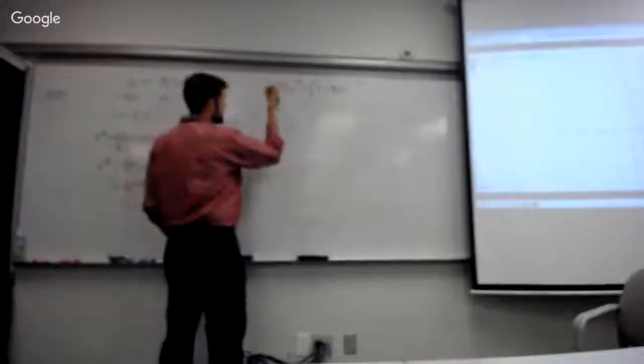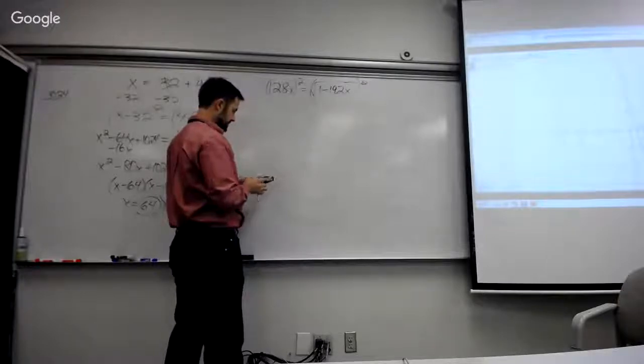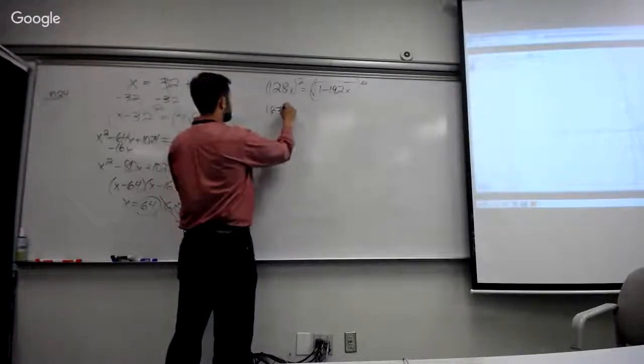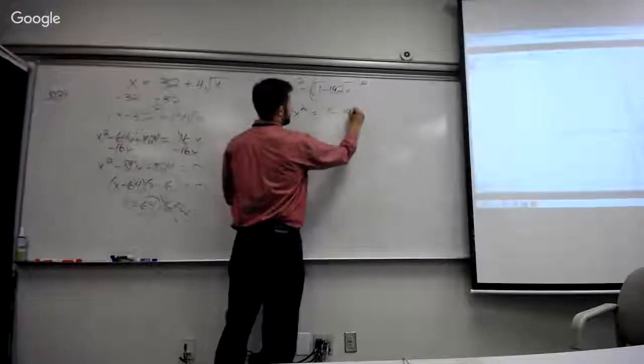So now that gives us a really big number, 128 squared: 16384x squared equals just 1 minus 192x.